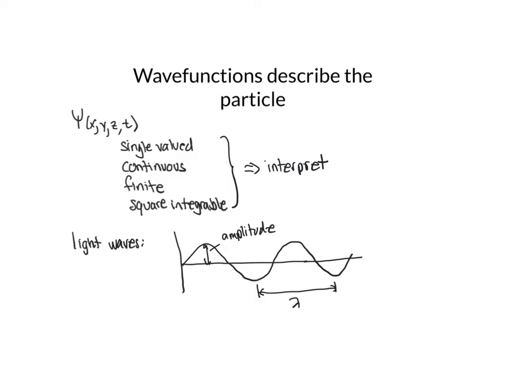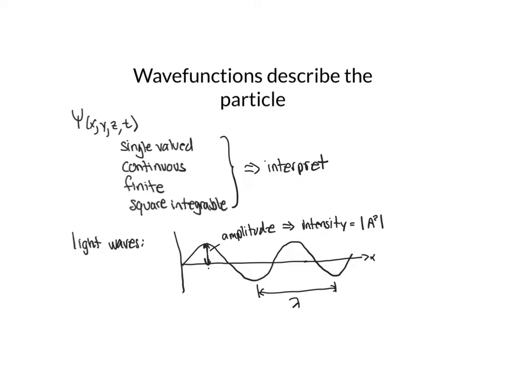The amplitude of this wave is associated with its intensity, and it is the amplitude squared that gives us the intensity of this wave. The intensity of the wave is like, for the particle, how much of the particle is at a given place. So the amplitude at any given x value is its intensity at any given point in space.